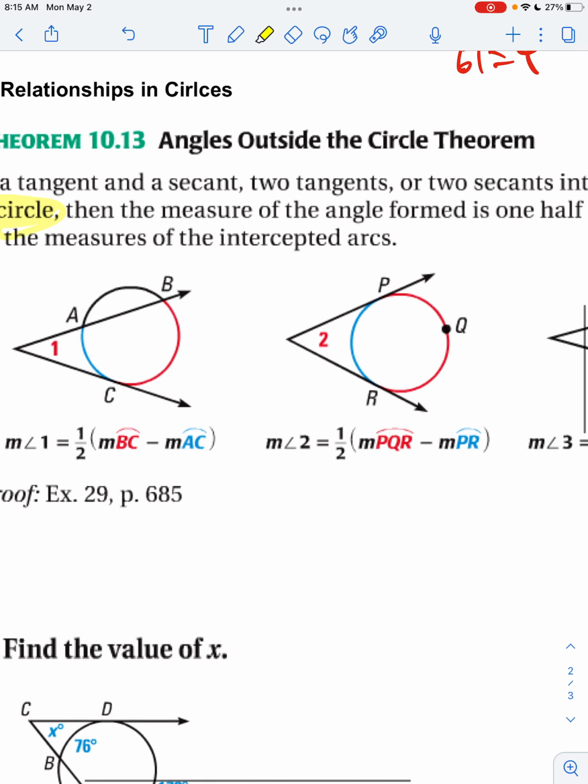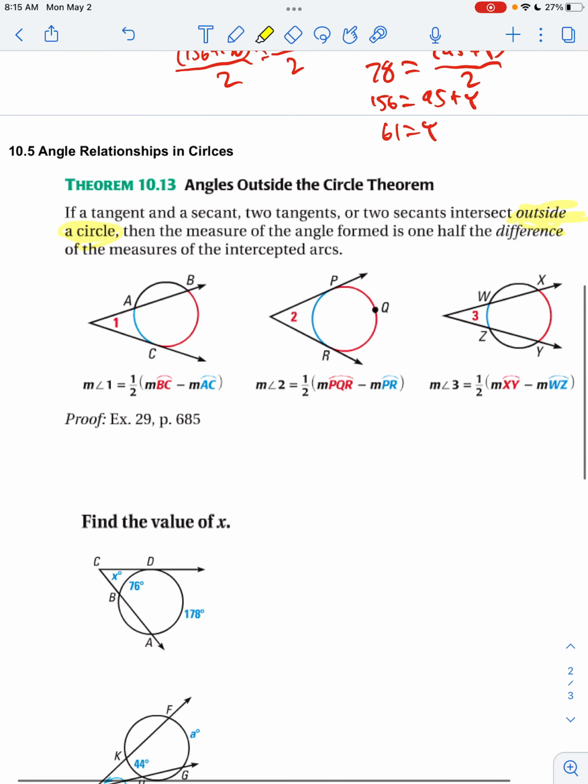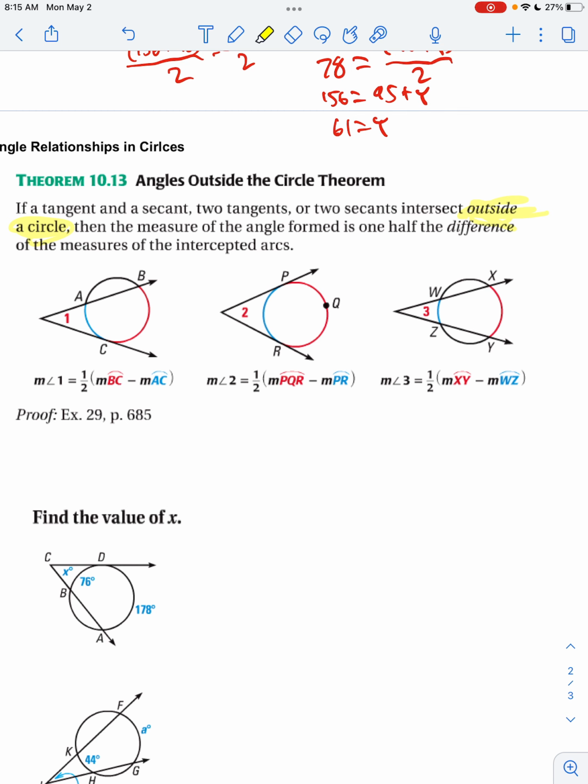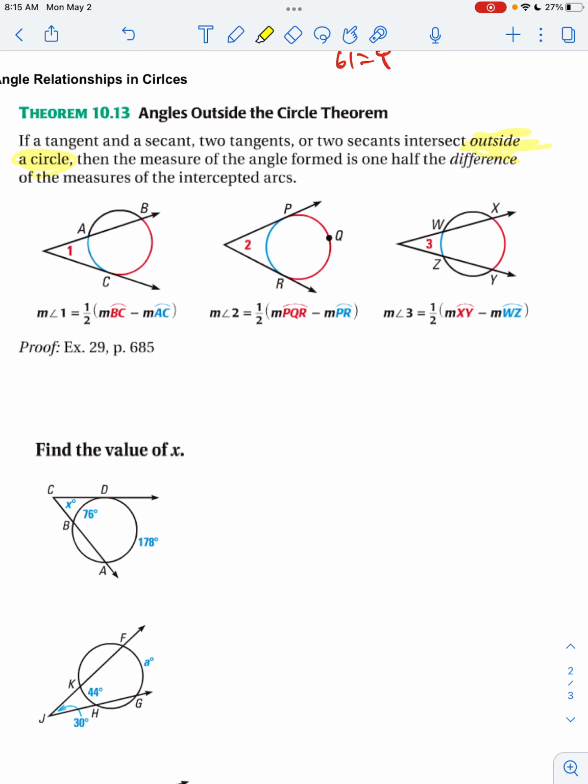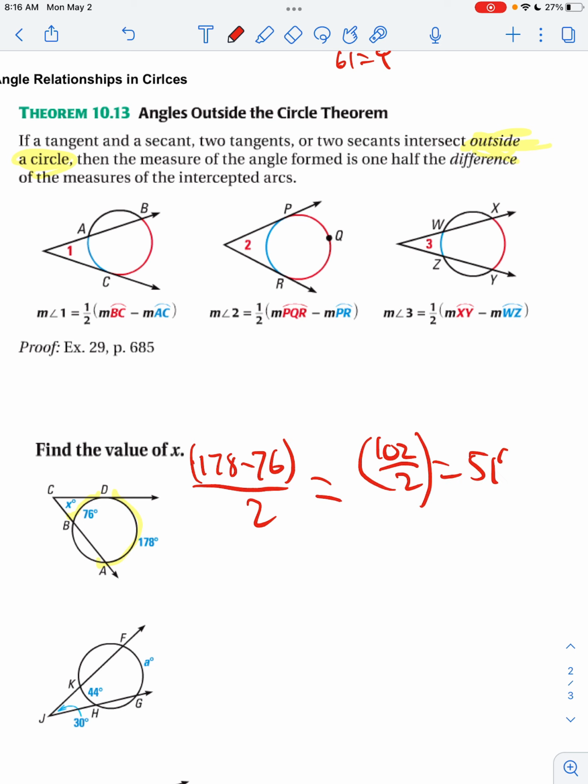So again, the red and the blue arc, subtract them, and then divide by 2. So if I look down here, I've got an arc right here and an arc right here. I'm going to take my largest arc, subtract my smaller arc, and then divide by 2. So that's going to give me 102 divided by 2, which is going to be 51 degrees.